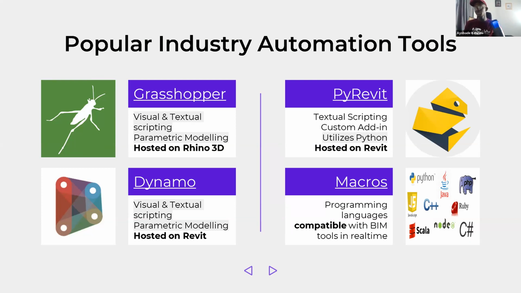For example, Grasshopper does visual and textual programming, and parametric modeling, complex modeling of complex shapes and forms. Dynamo does something similar, visual and textual programming and parametric modeling also. Then there's PyRevit. PyRevit is basically a textual scripting tool used to automate. It's built with the Python programming language, and it's hosted on Revit.